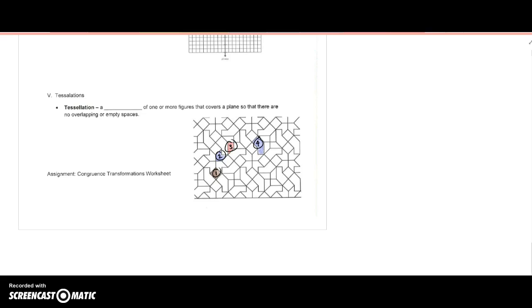I've moved some of them, I've flipped some of them, I've rotated some of them, but in the process of taking these 4 shapes and flipping, turning, reflecting these different things, I've gotten this beautiful little art pattern or quilt pattern, and that quilt pattern itself is called a tessellation. It's the pattern of one or more figures that covers a plane so that there are no overlapping or empty spaces. It's a tessellation.